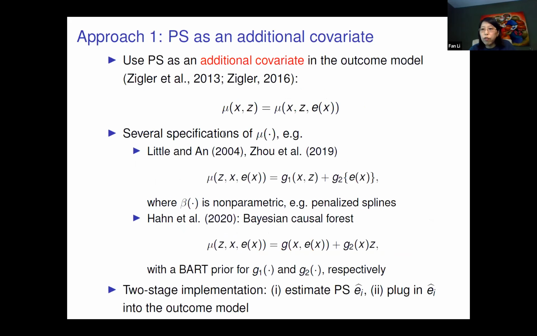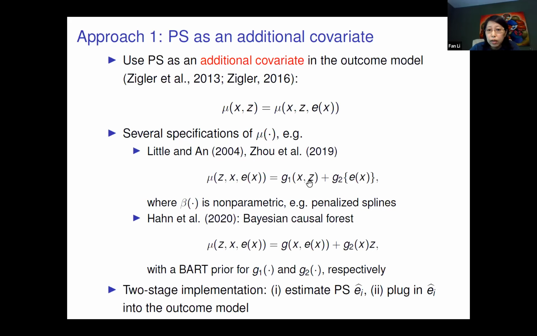There are at least three different ways of doing that. The most prominent approach is just to add the propensity score as an additional covariate to the outcome model. Basically, when specifying the outcome model mu of x, z, you add a propensity score there. And there are actually several different specifications of that.